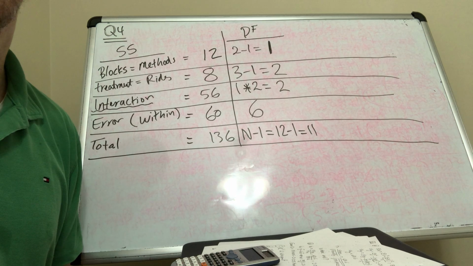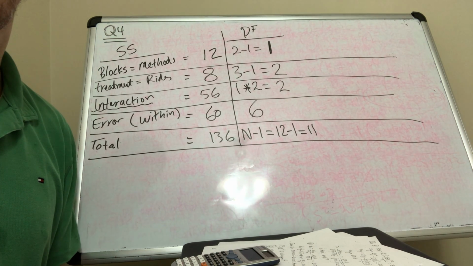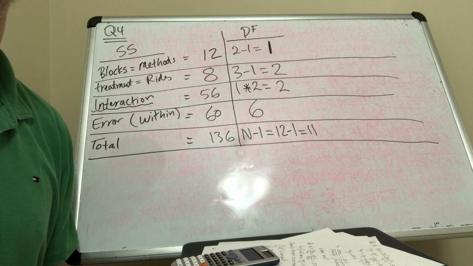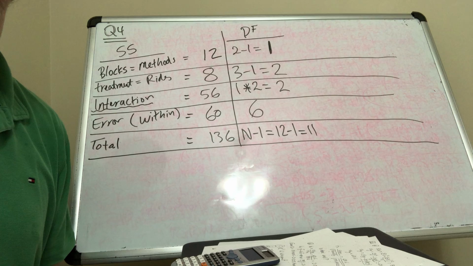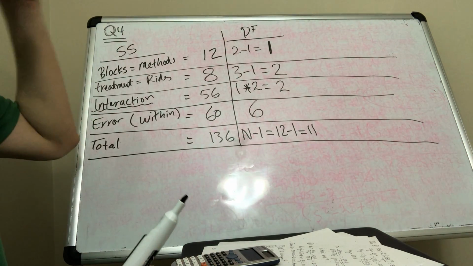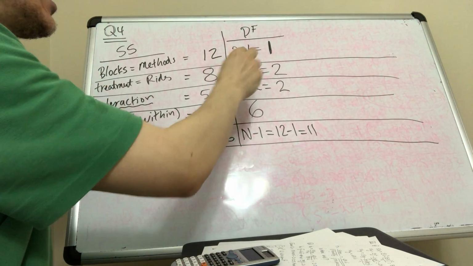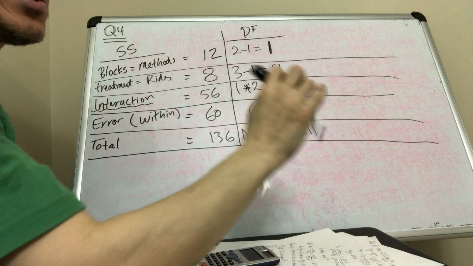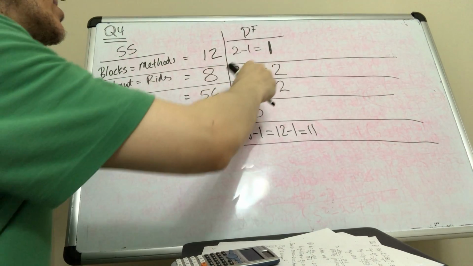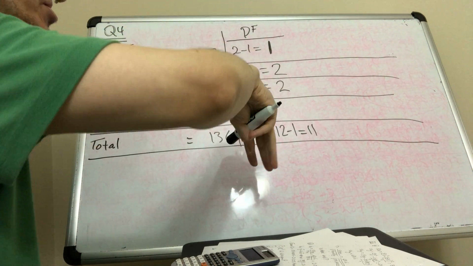So again, I'll go over this slowly for the interaction. When you see the word interaction, it means that it's double ANOVA, because there must be 2 to interact. To do the table, blocks, how many methods going this way? We have 2. 2 minus 1, 1. Rides going this way, treatment.